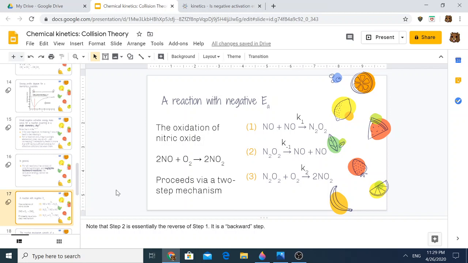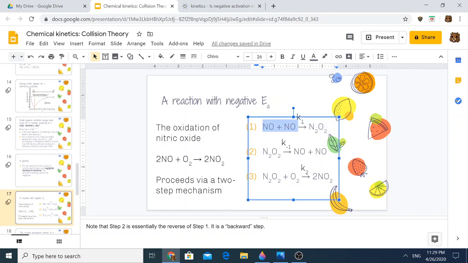However, for the first step, which is the association of the two NO molecules to form a dimer, N2O2, there is also a significant backward reaction, which is the dissociation of the dimer to form back the two NO molecules. So essentially, the second step right here is not a second step, but a backward step that is the reverse of the first step.